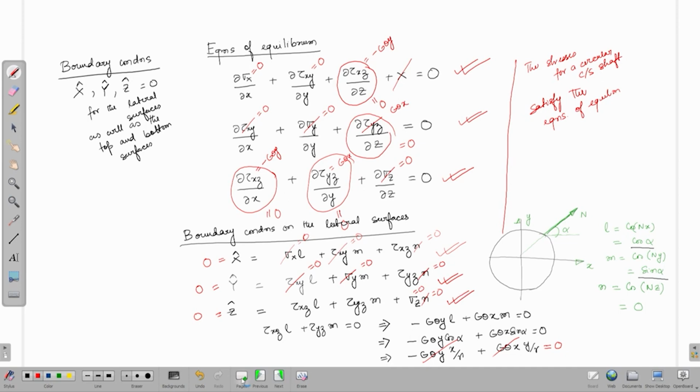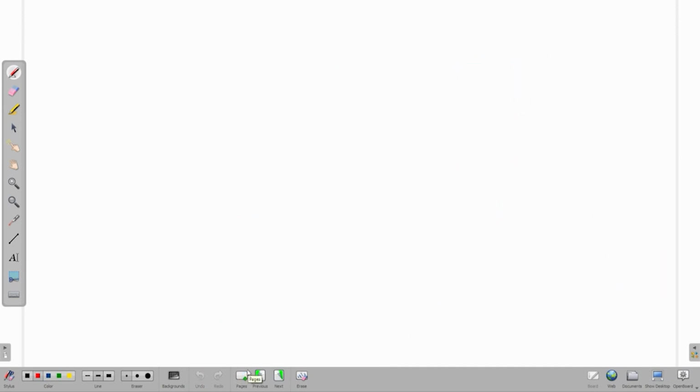Now, let us look into the boundary condition on the top and bottom surfaces.